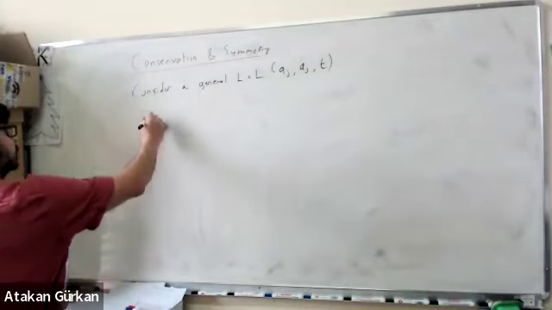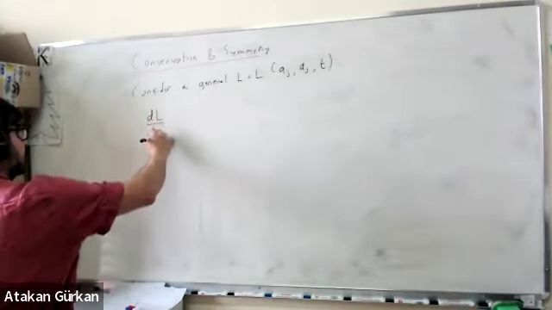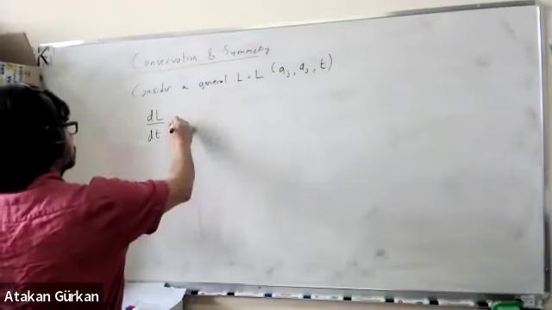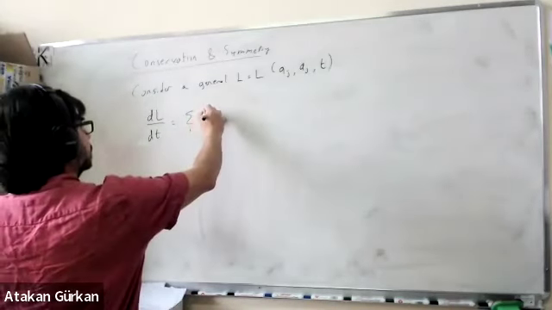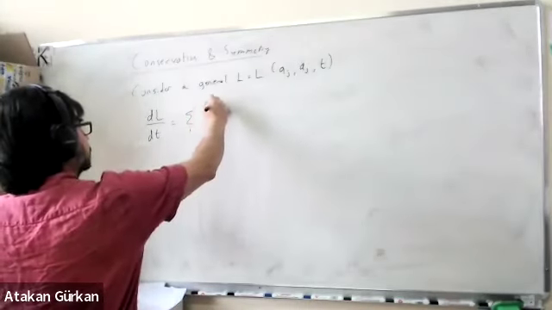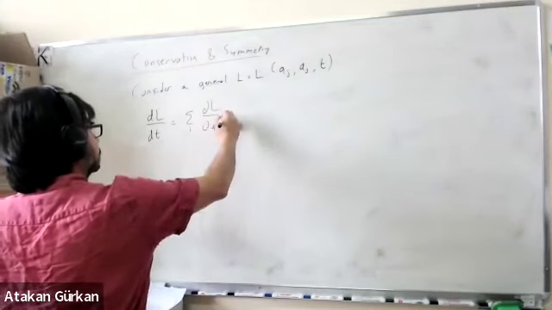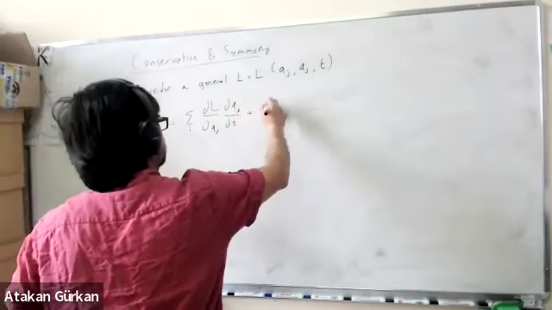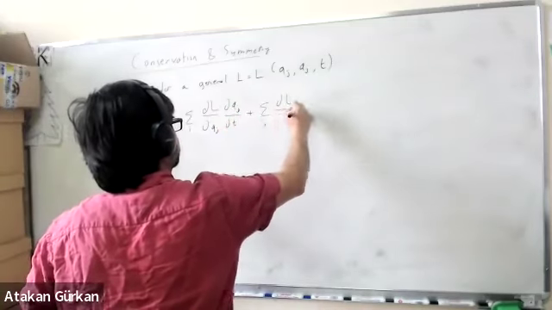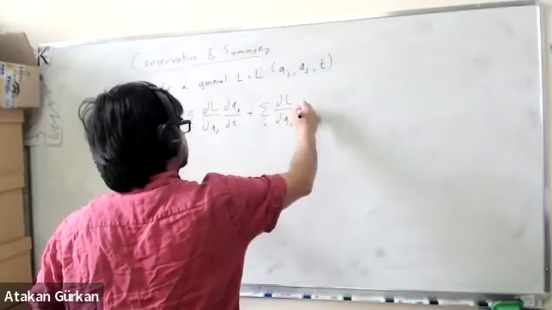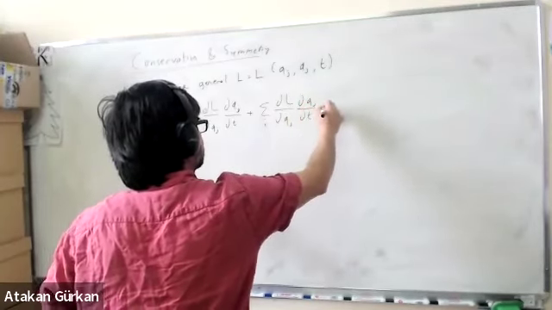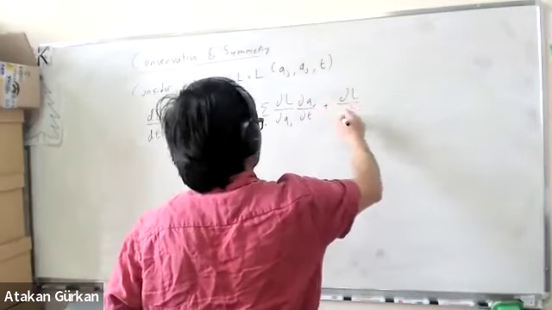So what's the time derivative of this, dL by dt? Well, you apply the chain rule as usual, and so you start with the sum over j of del L by del Qj times del Qj by del T, plus the sum of del L by del Qj dot times del Qj dot by del T, plus del L by del T.